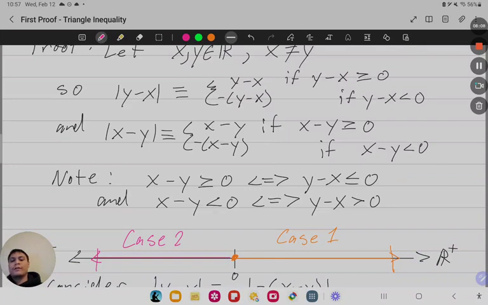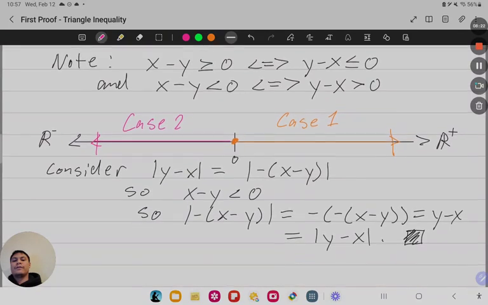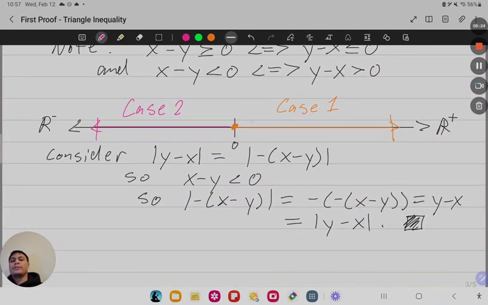And likewise for x minus y being less than 0, if we flip the sign by multiplying by -1, then we get y minus x is greater than 0. And likewise, if we graph this, we can show that we can jump between these two domains.